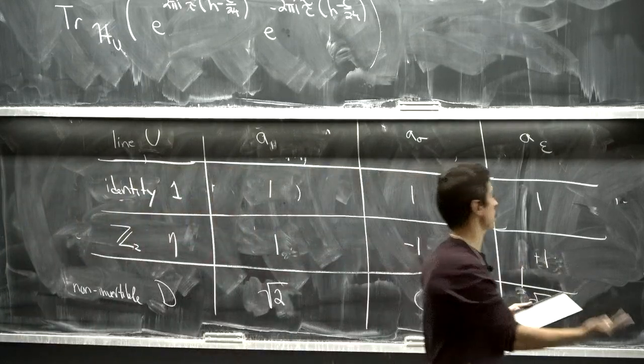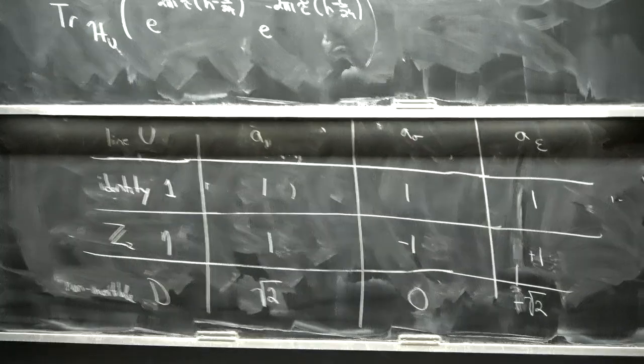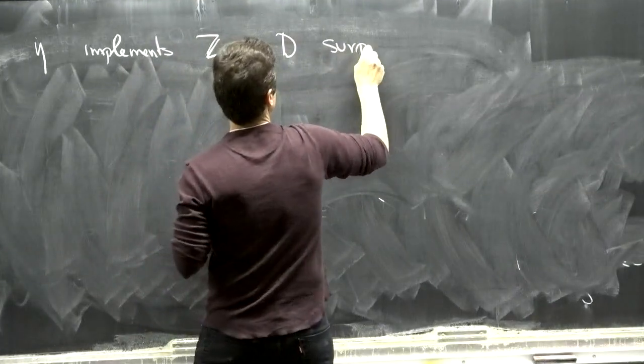So this is something we discover just doing the modular transformation. So eta, as I said, implements the Z2 symmetry, which we expected. It's D that is surprising.